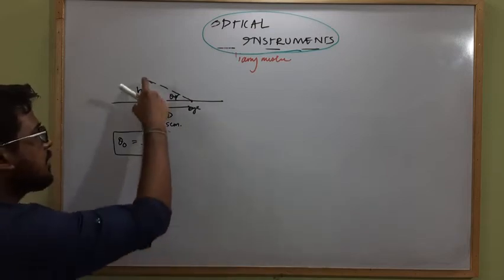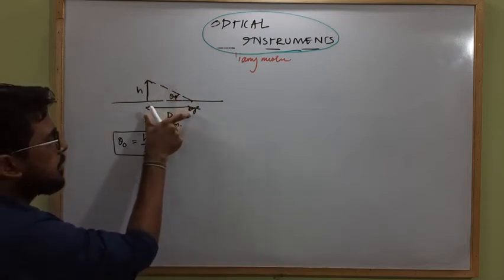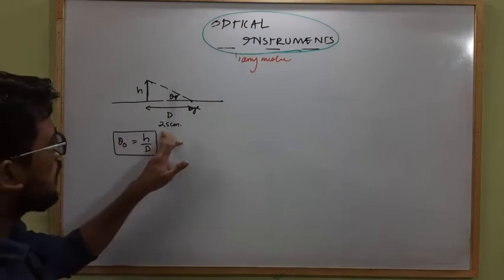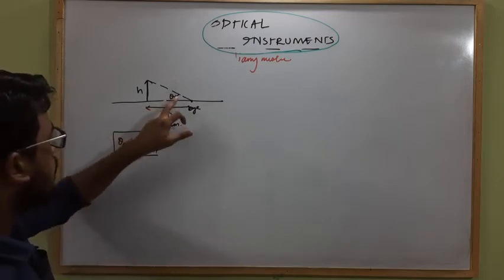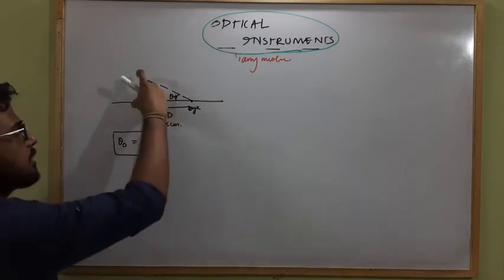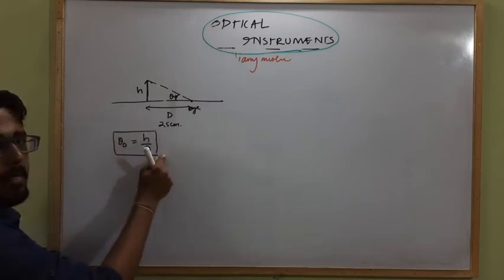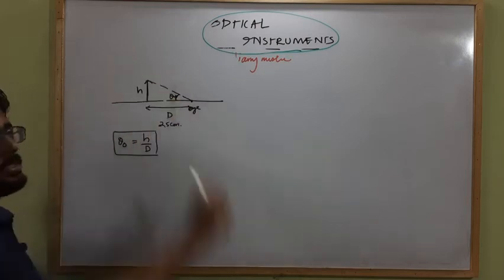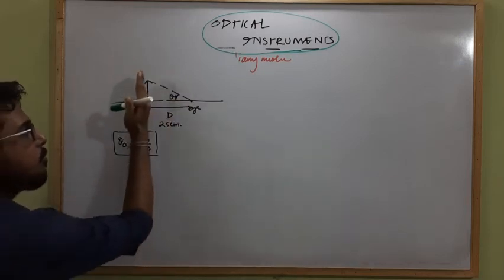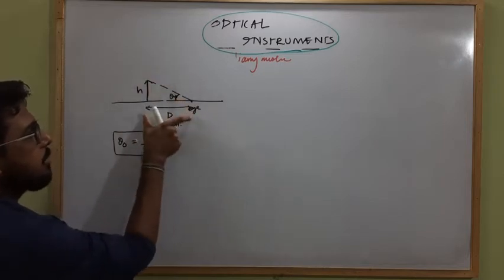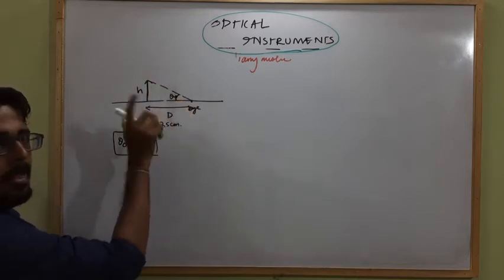So here is an object at the least distance of distinct vision, that is 25 centimeters, and the angle of view is theta naught, which is h by d. This is for the naked eye, but still the image of the object is not visible, and we cannot move it closer to the eye as this is the least distance of distinct vision. Clear?